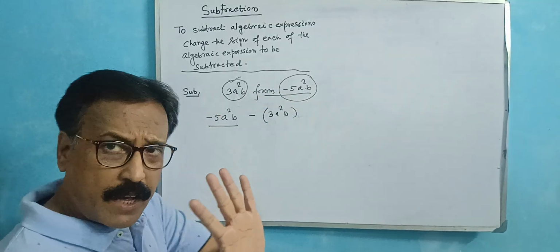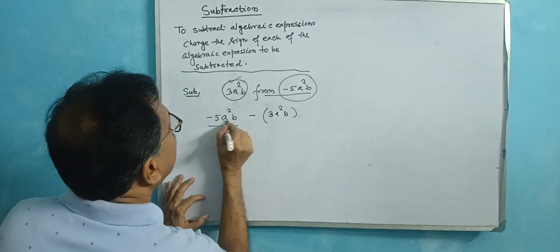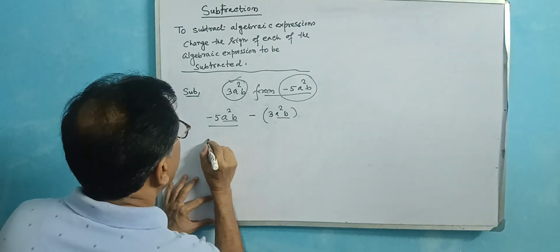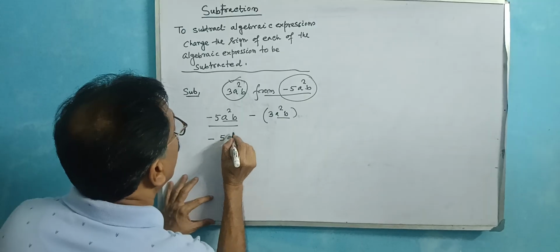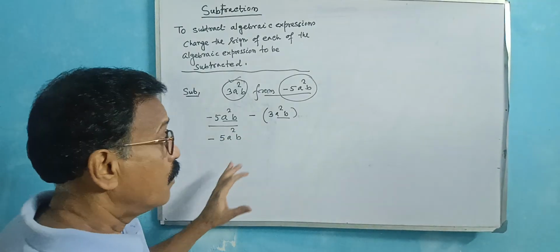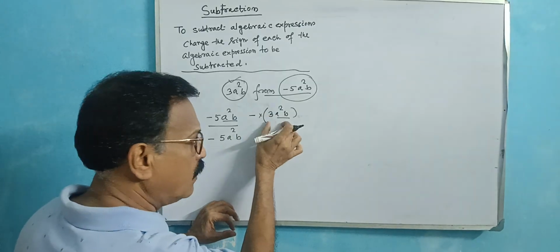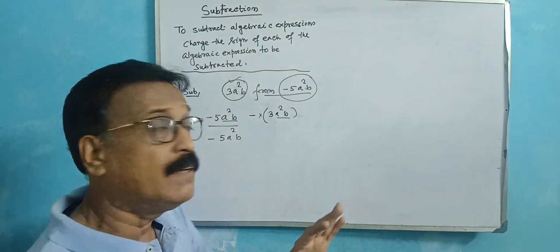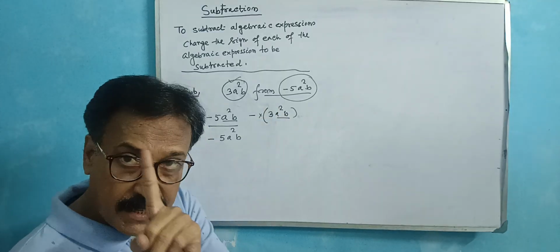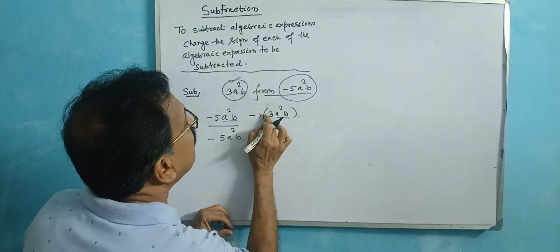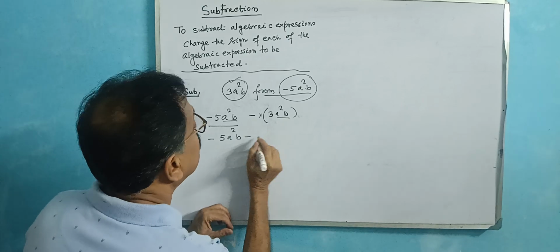Okay. Now the like terms: this is a square b, this is also a square b. Minus 5a square b. When out of the bracket, that is also actually multiplying out of the bracket. Here is one term, no problem at all, but when there are 2 or 3 terms, the bracket is always used. Very important thing. There is no sign, that means plus, so plus minus makes minus.